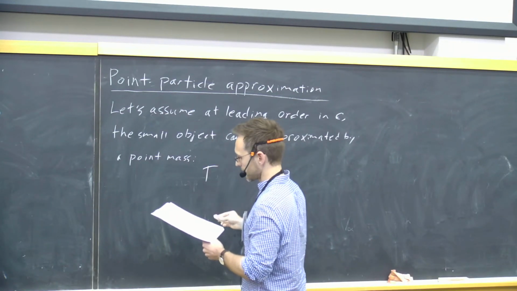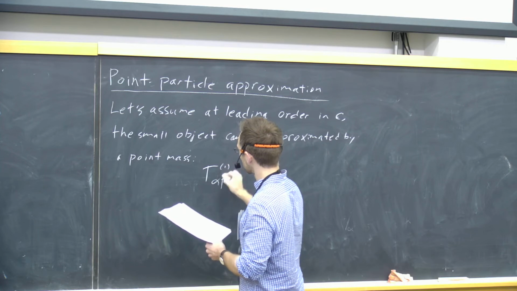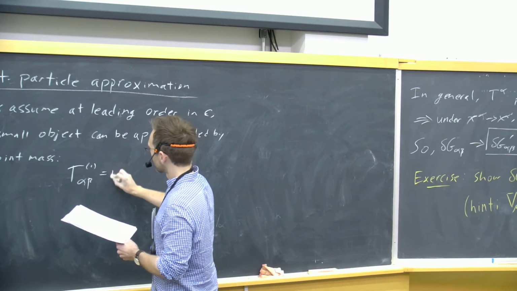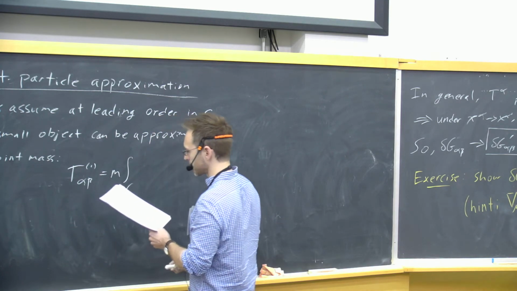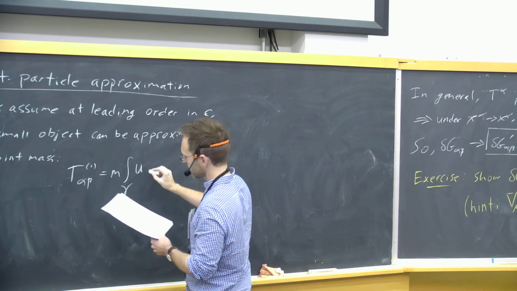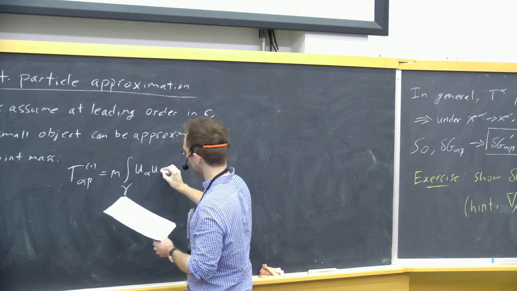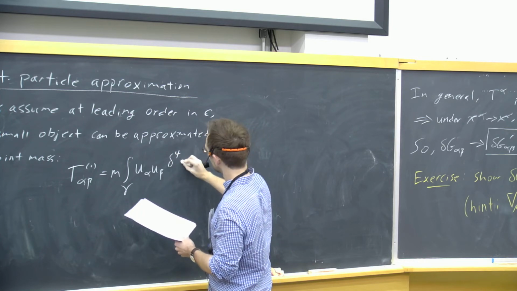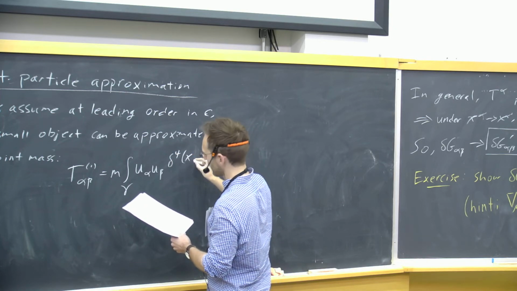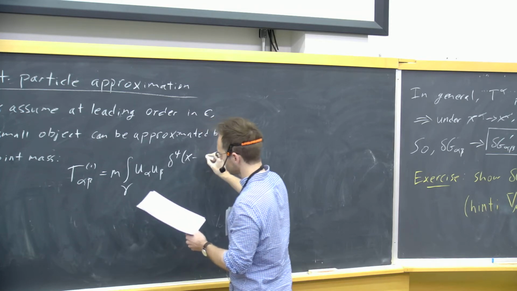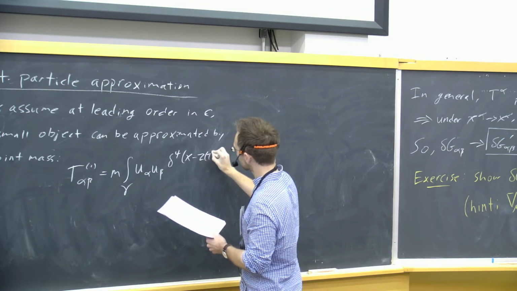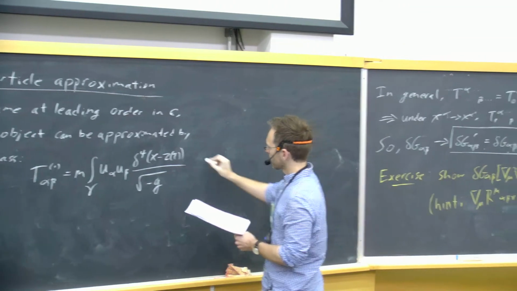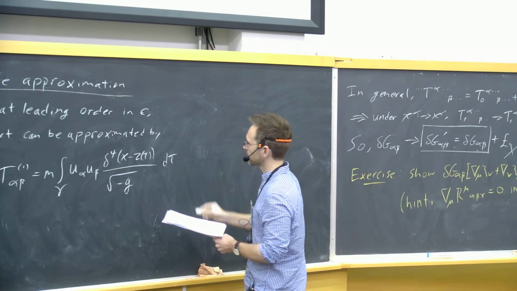So what I mean by that is that I'm going to take this first order stress energy tensor to be the stress energy tensor of a point mass, which is given by this expression, delta four of x minus z of tau over square root of minus g, d tau.